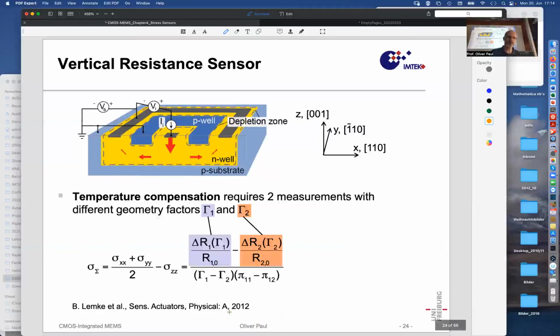And so then he said, okay, now what I will do, I will operate that sensor under two modes. What I can do, I can shift the potential of these inner contacts with respect to the P-well that causes this verticality and the surrounding P substrate.